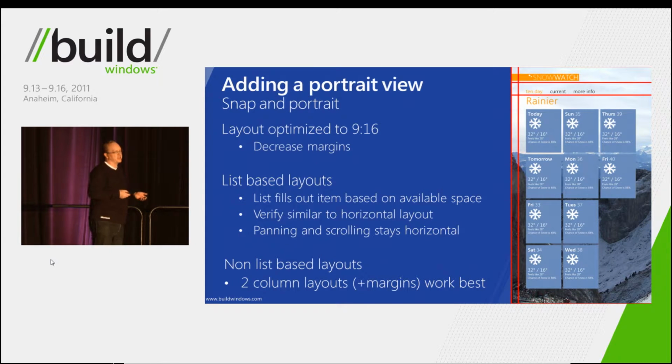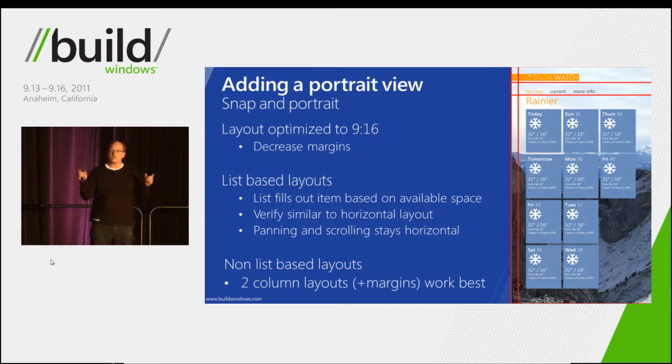Portrait is very similar to landscape and to your landscape design. It's just 9 by 16. So it means your horizontal spacing got smaller. If you're a list-based application, again, you can maintain your wireframe. Here you just might want to pay attention to the margins. The grid got smaller, the typographic grid, if you've seen that talk.